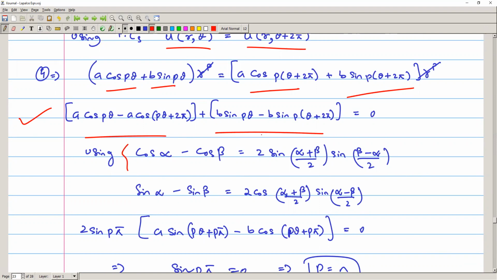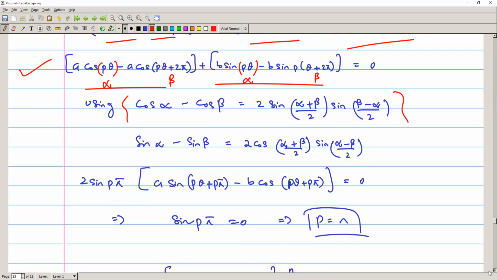So now we have the angle identities, because we can see here is a cosine p theta minus a cosine p (theta plus 2 pi). So here we can see that this is alpha and this is beta, right? Again, this is alpha here and this is beta. So we can use the angle identities from trigonometry. Here we can use that.